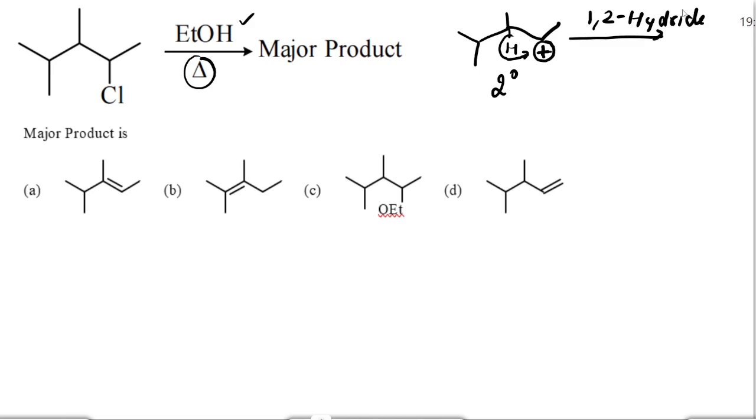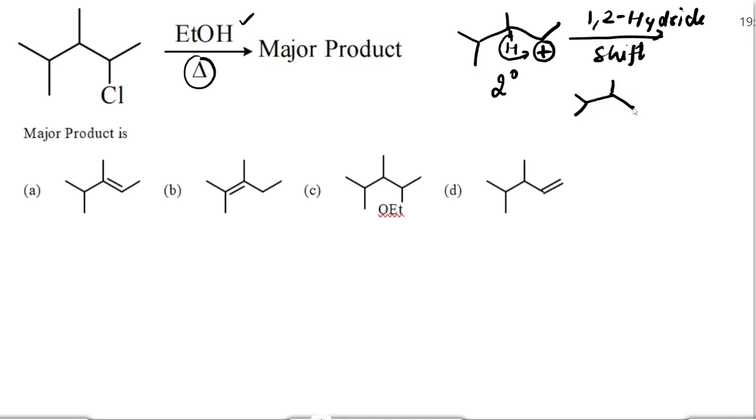So whenever carbocation is attached to a tertiary or quaternary carbon, then either a 1,2 hydride shift or 1,2 methyl shift takes place to get tertiary carbocation.